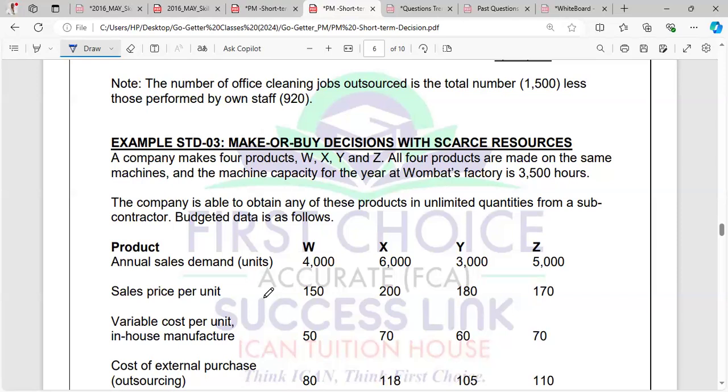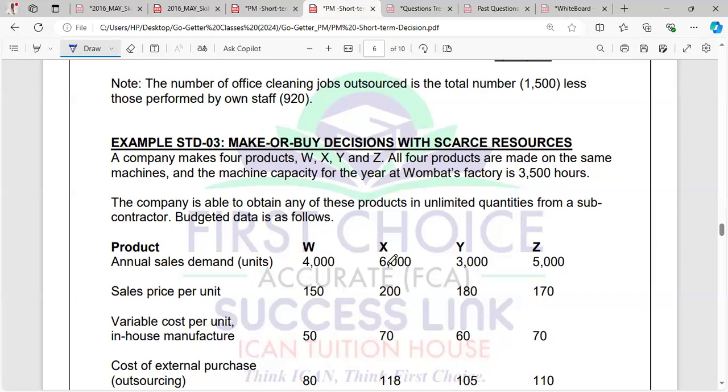So it is possible in this example that we are going to do next that maybe one of them will be fully given out, and the second one we will share between what is to be given out and what is to be done. So that's just it. You have to look at ranking based on how you will do it in-house.